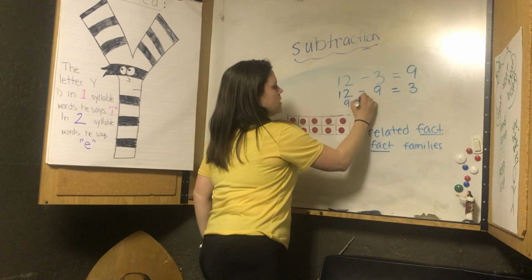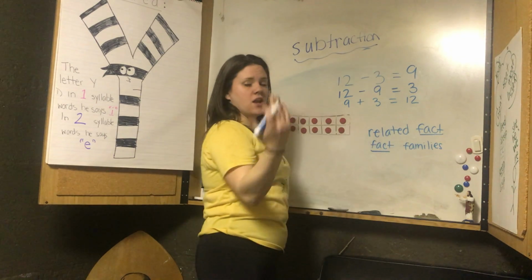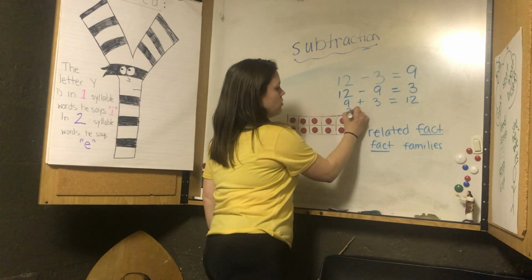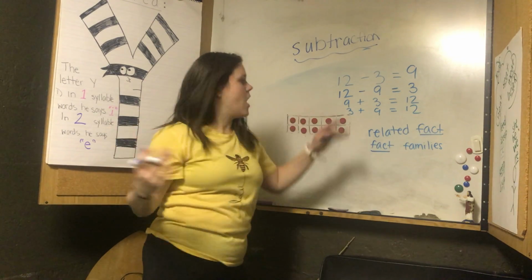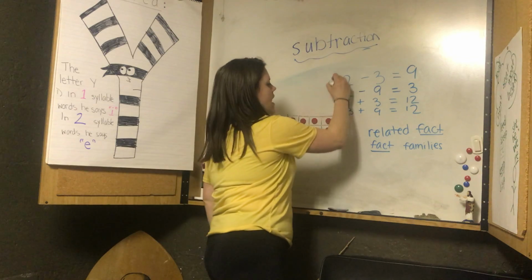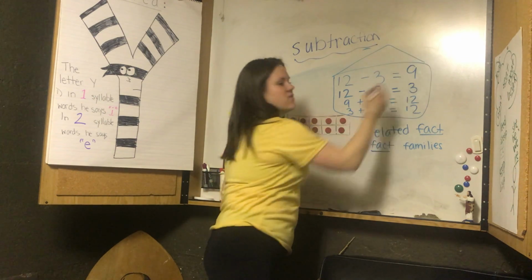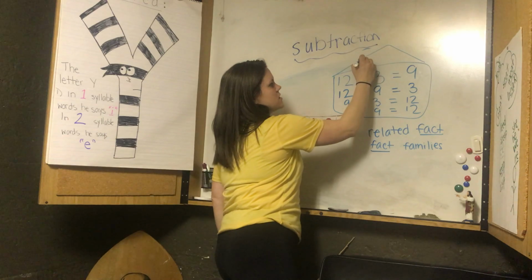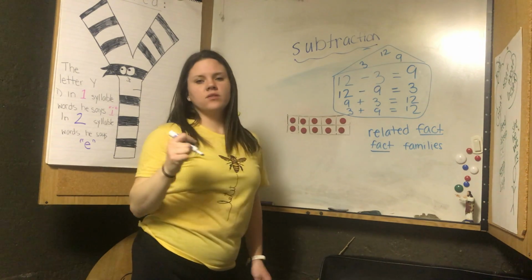Addition would be 9 plus 3 equals 12. And another related addition fact would be 3 plus 9 equals 12. And now I have all of the related facts, which means I have a fact family. And that fact family likes to live in a house. And that fact family is 3 and 9 and 12.